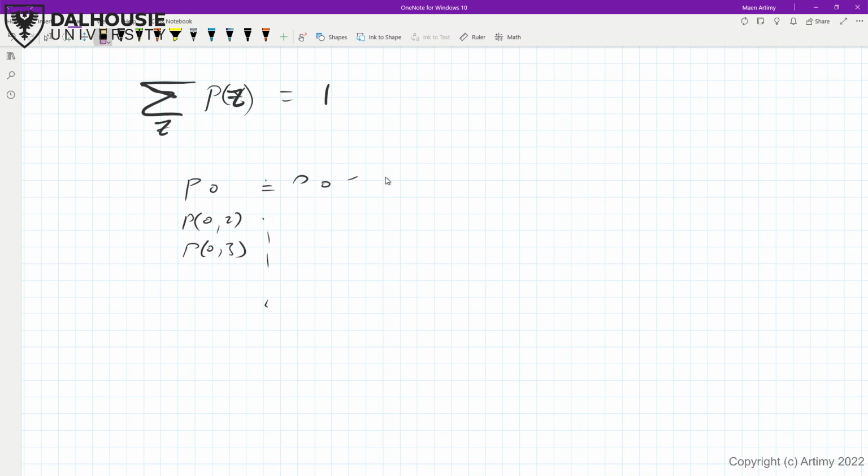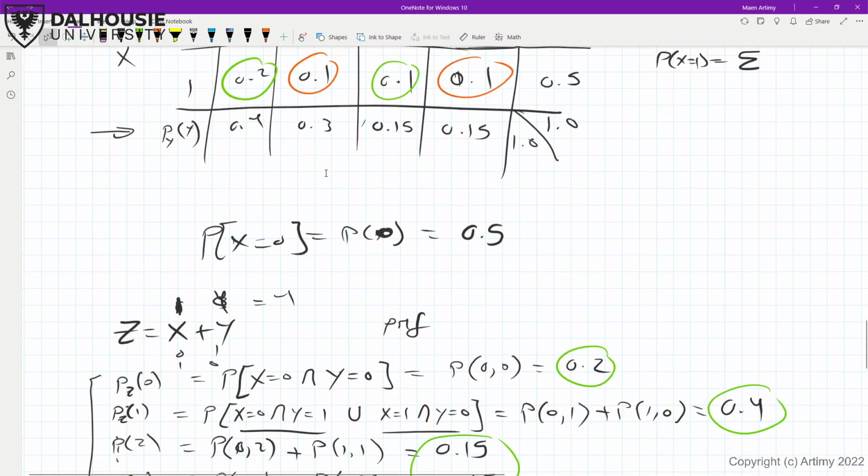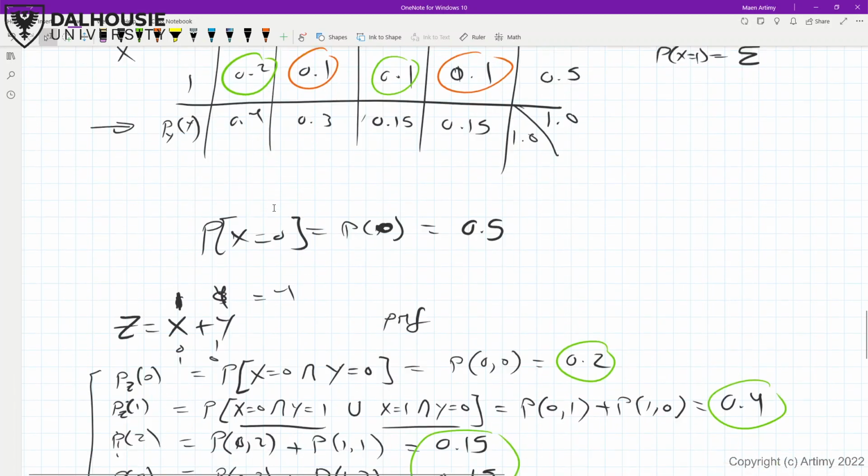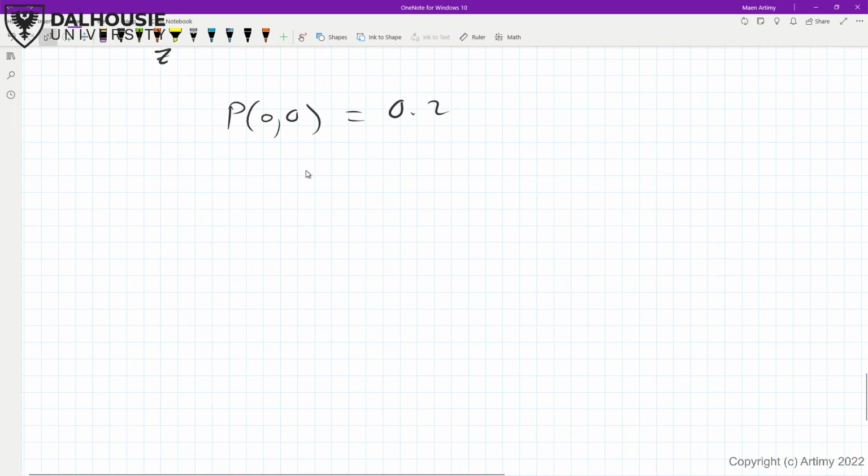P(0,0) is 0.2. P0 multiplied by P0, that's for the X, and to differentiate between them, sometimes we need to do the subscript.